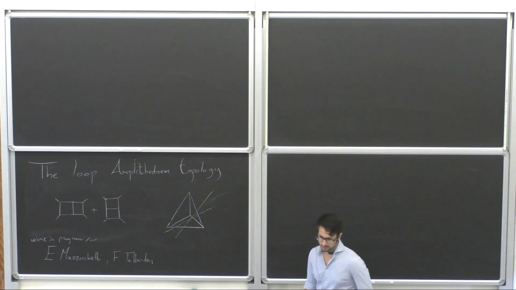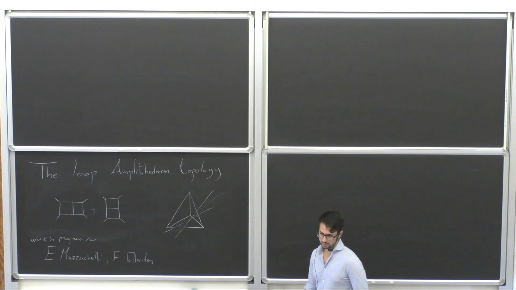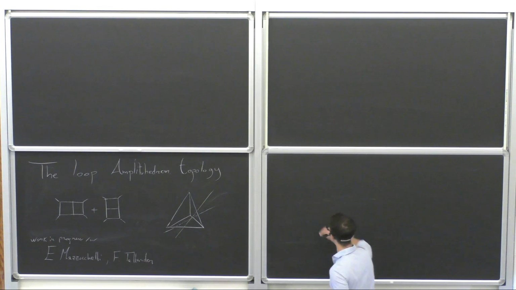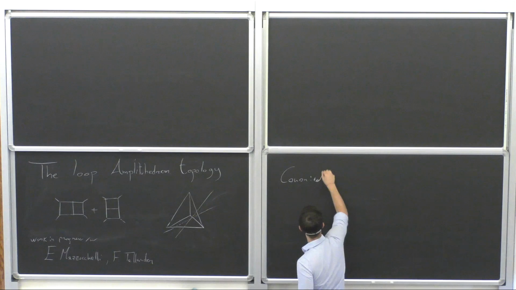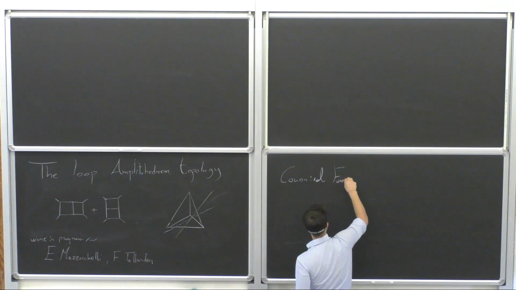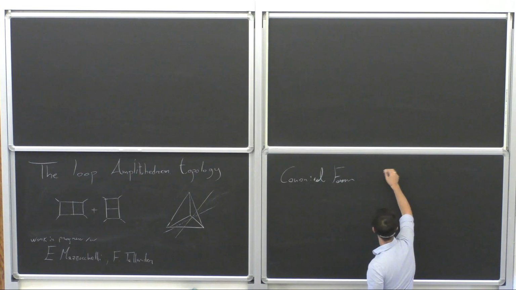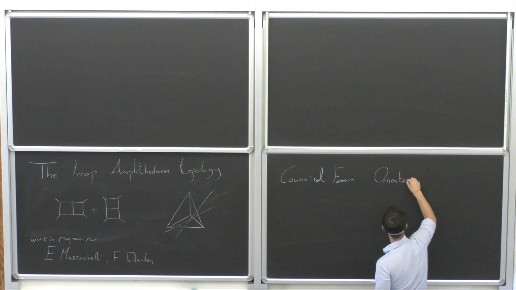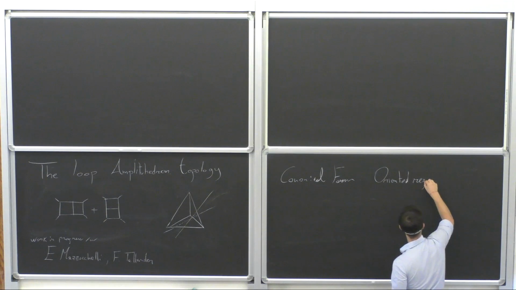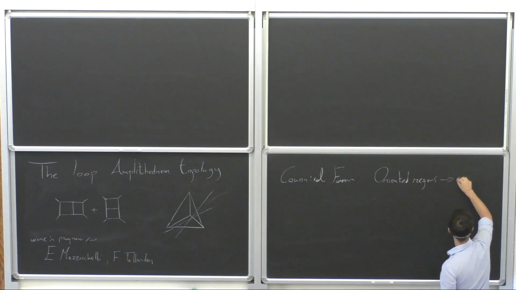So the most important concept in this game is the canonical form. The canonical form is a map from a space of oriented regions to a space of differential forms.